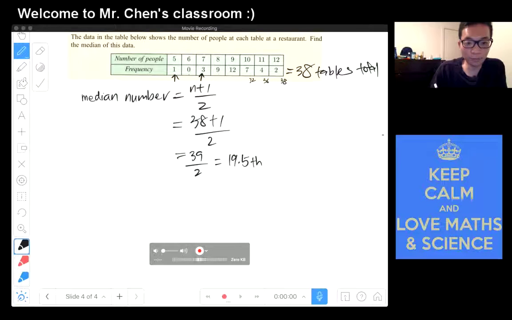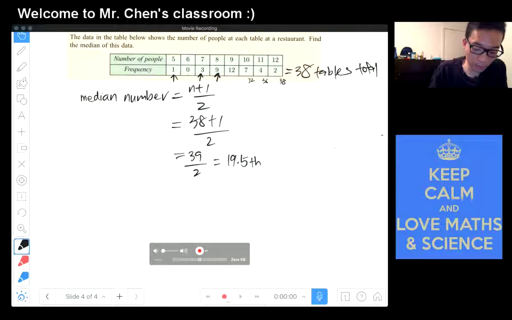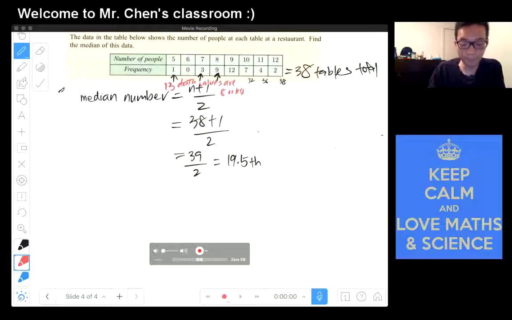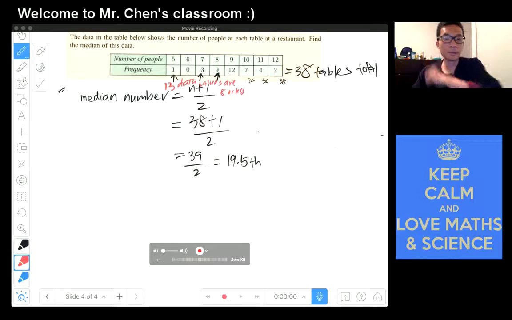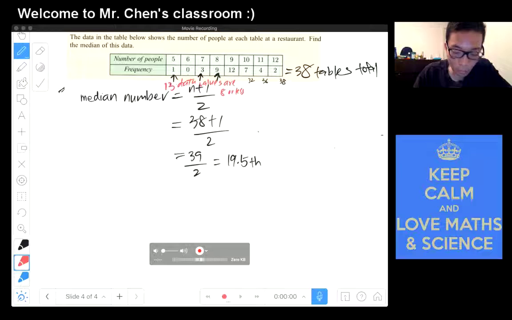So the first 13 data values are 8 or less. Then the 14th to 25th data are all 9.